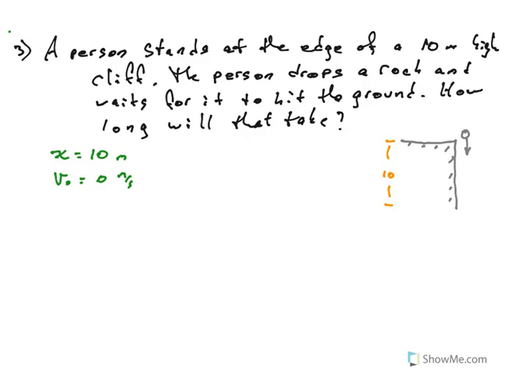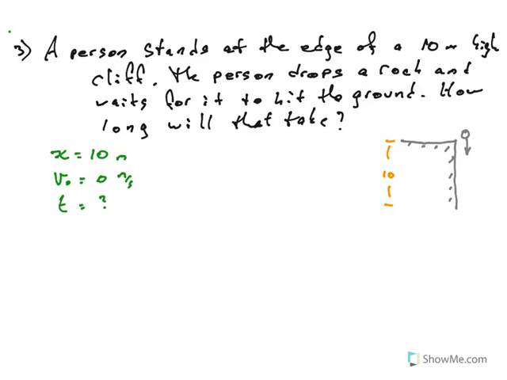What else? I'm looking for t. How long does it take for it to hit the ground? Or how long does it take for it to drop 10 meters? What else do I know? Well, first of all, the question doesn't say anything else specific, but there is something else I know. It's just hidden.